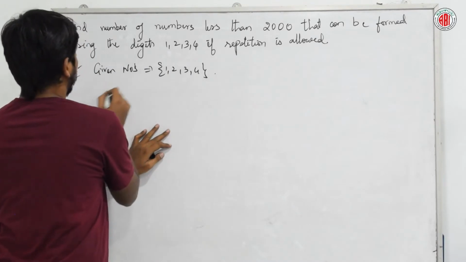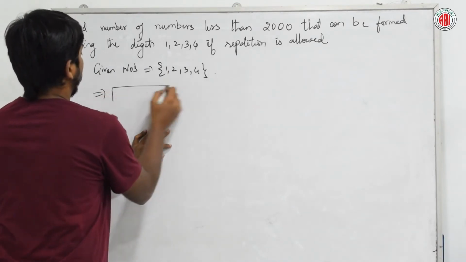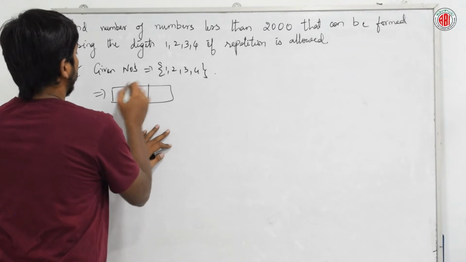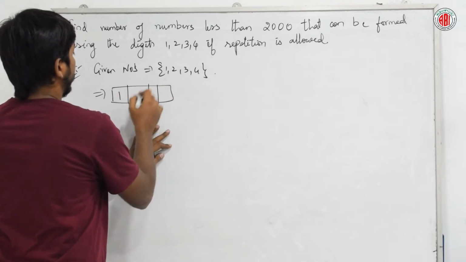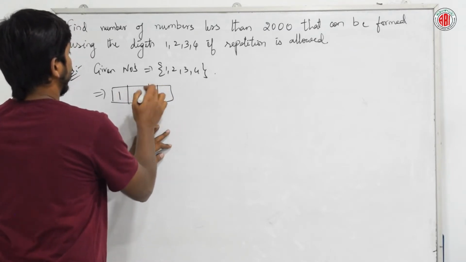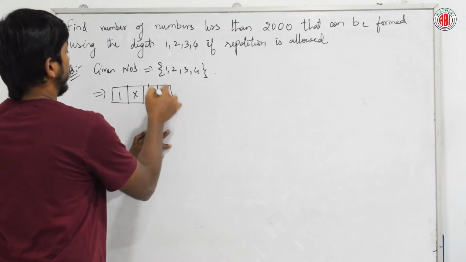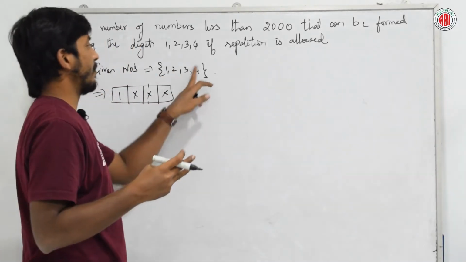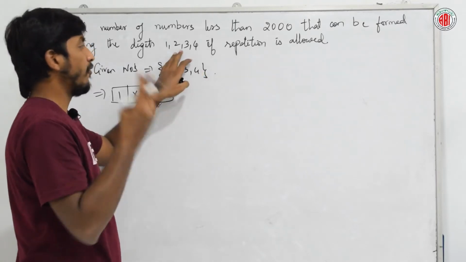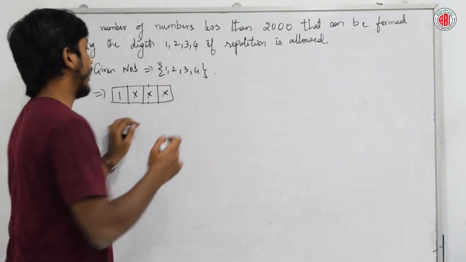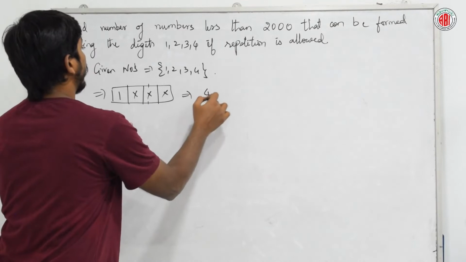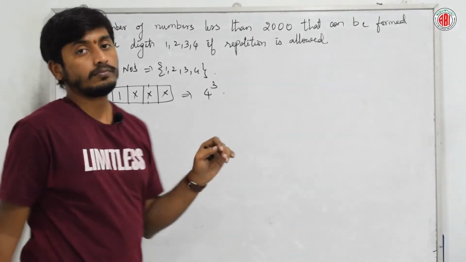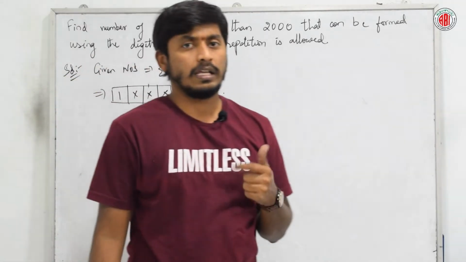So it can be like 1, then we'll have 3 positions left. Since the repetition is allowed, I have 4 digits for each. So I can write it as 4 cube. Is it right? Yes or no?